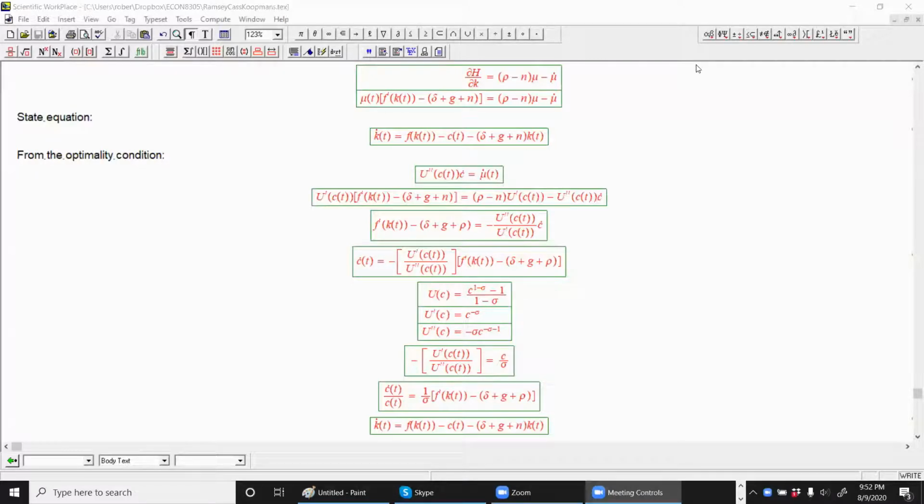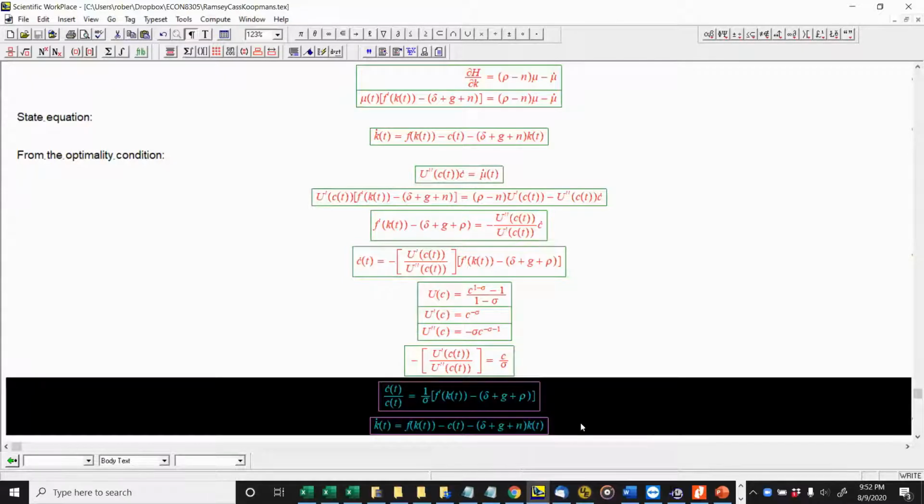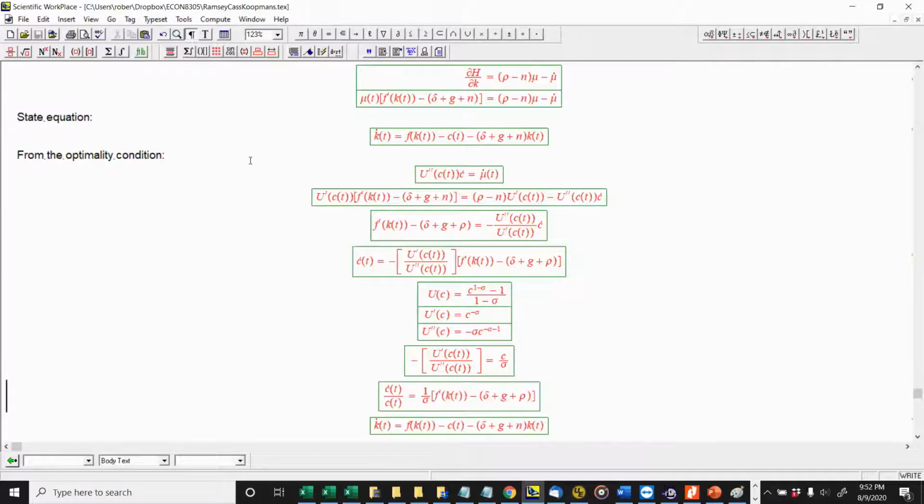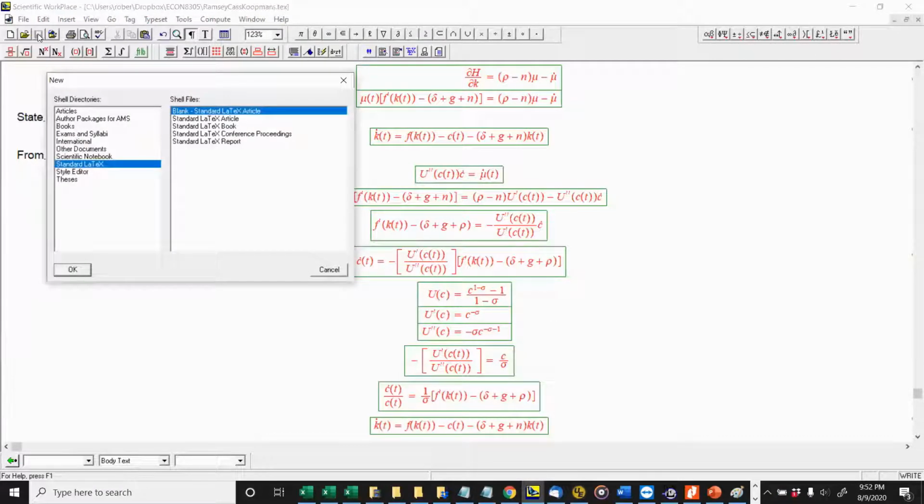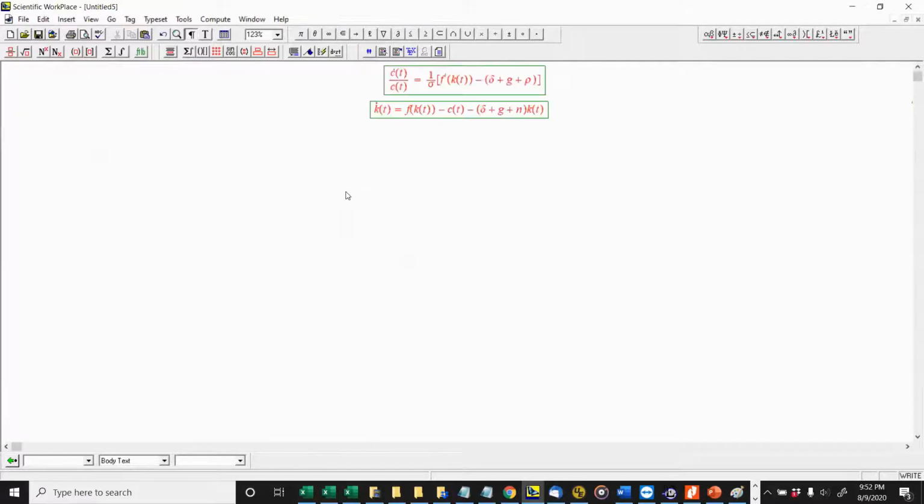Now that we've derived the key differential equations that characterize the Ramsey-Cass-Koopmans growth model, what can we learn from them? To do that, let's just set them apart first of all. And notice that we can do the following to try and understand how these equations are going to work.